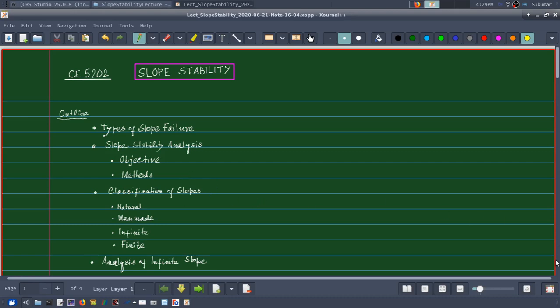Then we'll classify the slopes. We can classify slopes in a different manner depending on the context or purpose of classification. We will here classify the slopes into finite and infinite slopes for the purpose of analysis, and then we will cover a little bit of analysis of infinite slope.